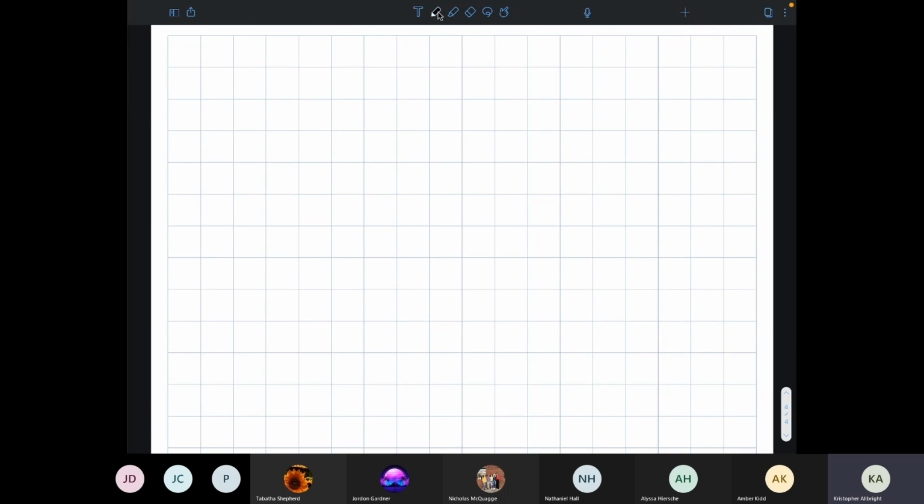Our goal with factoring, as you guys have all done this before, is going to be to turn something like this into this. And this is useful because it's shorter, it's simpler, it's easier to work with.